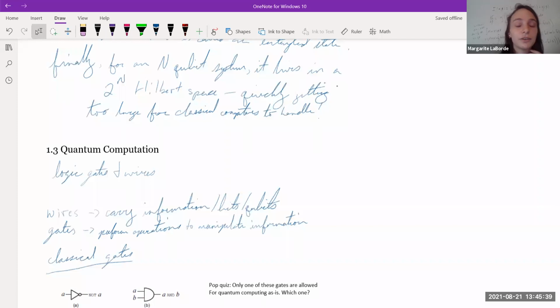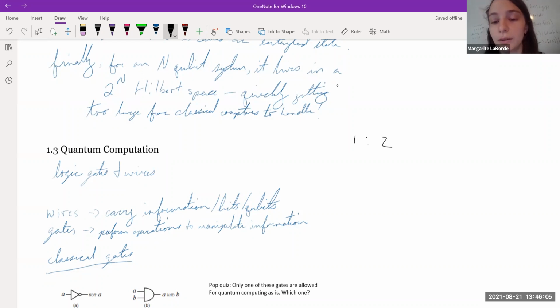All right, last thing to mention about our qubits is the space they occupy. So again, if you're used to classical computing and classical bits, the space you can occupy goes by powers of 2, right? So you have 1 bit, you can write 2 numbers. You can write 0 and 1.